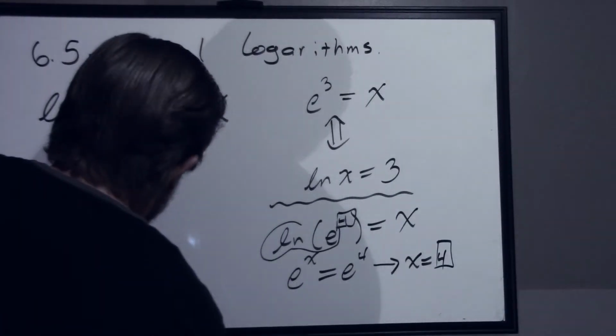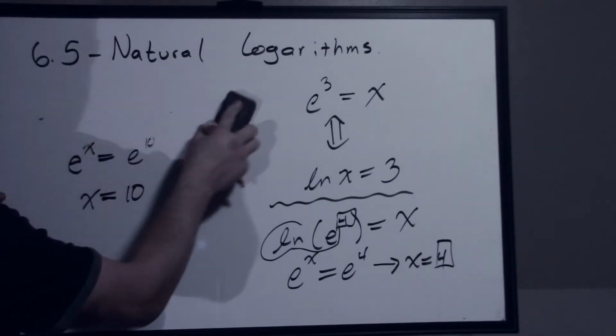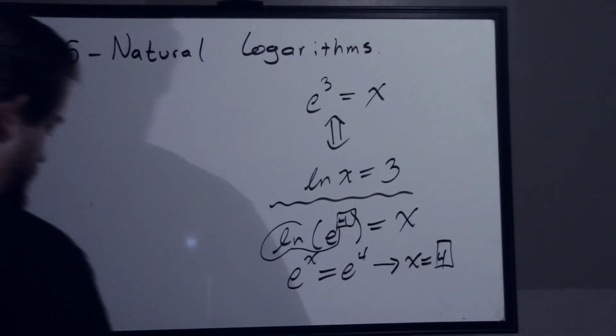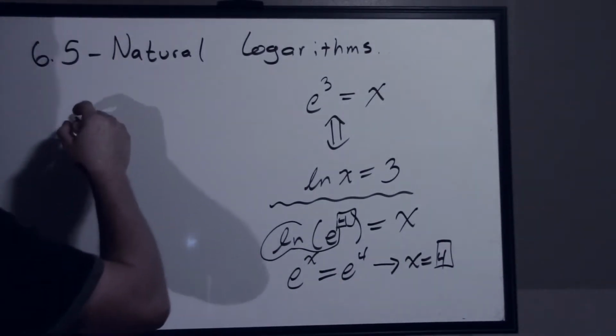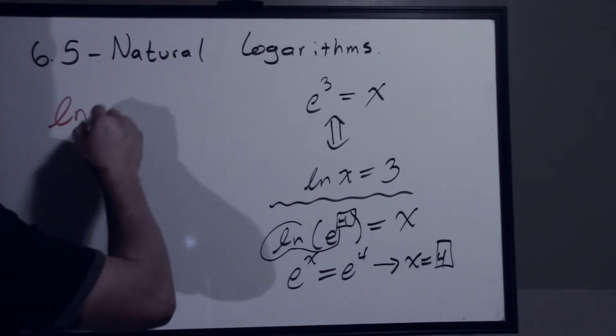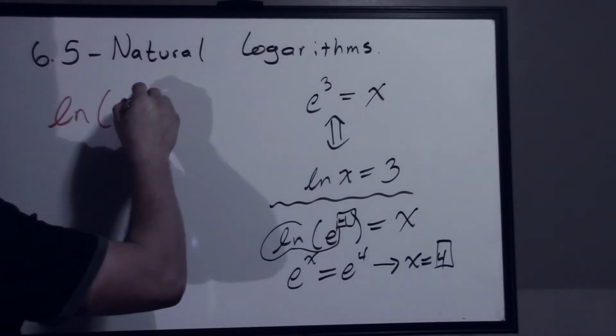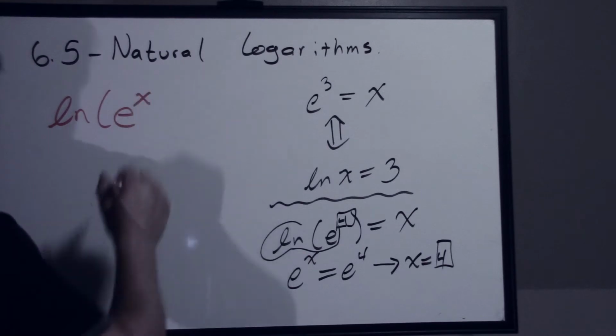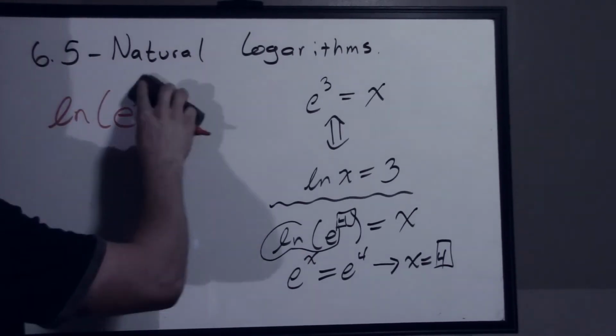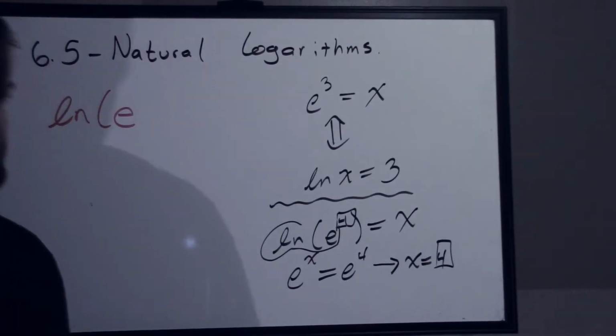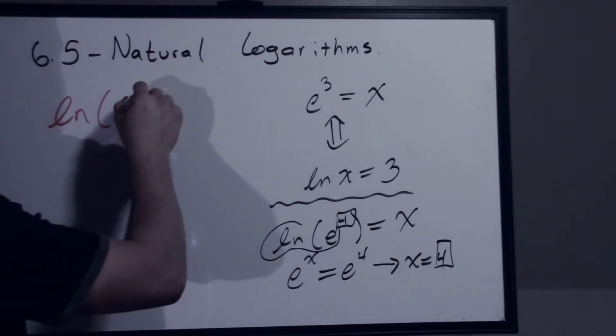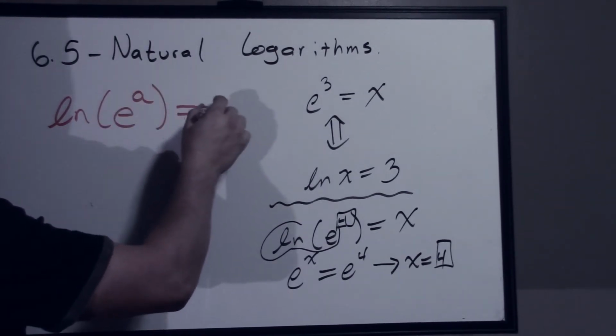But we're going to write this here as a natural log property. That is to say that if I have the natural log of e to any power, let's call it a, so it doesn't look like we're trying to solve something here. Natural log of e to any power a is equal to a.